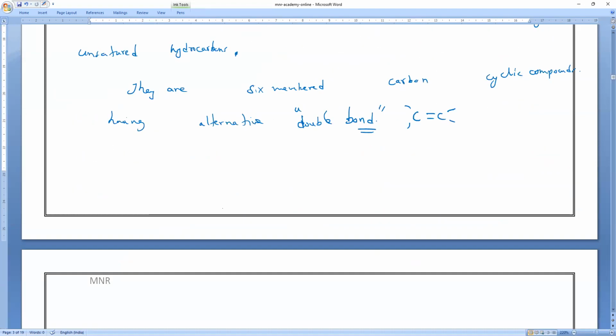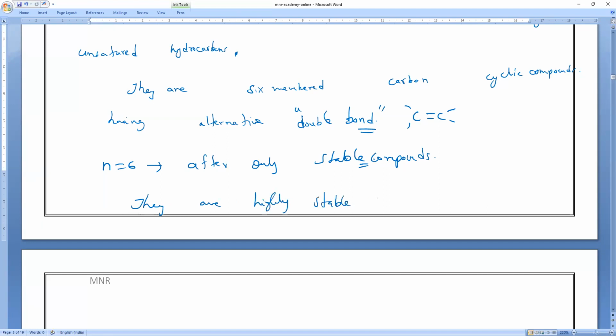It's not required. Now remember, when n equals 6 and after, they are highly stable in nature. Do you understand, everybody? Write it: they are highly stable compounds.